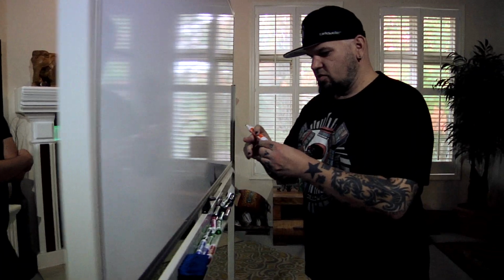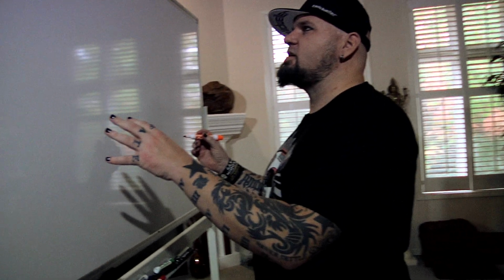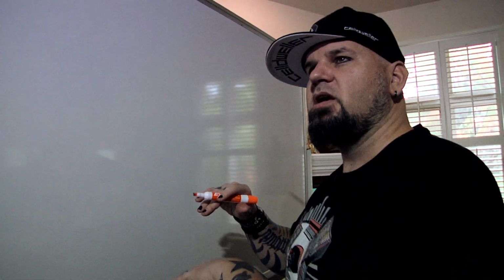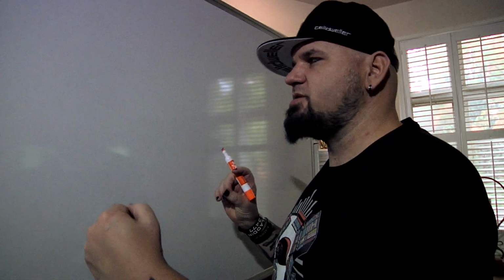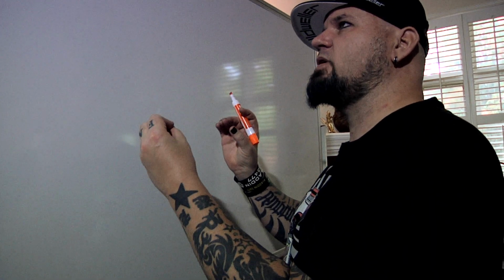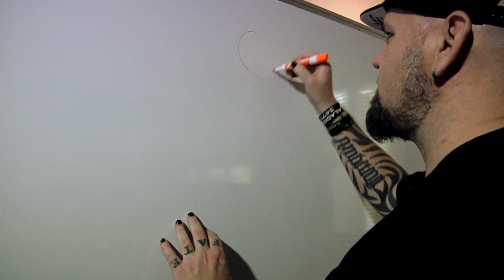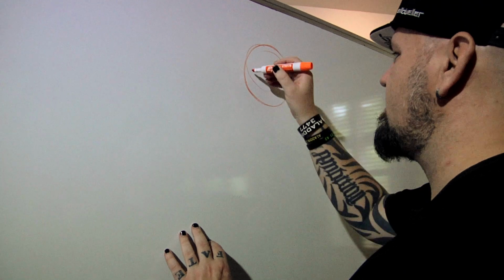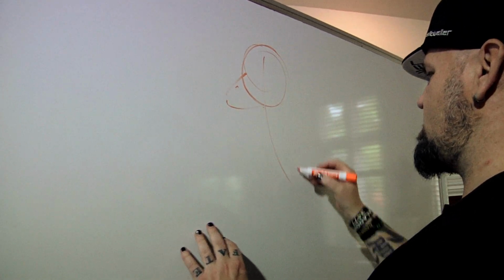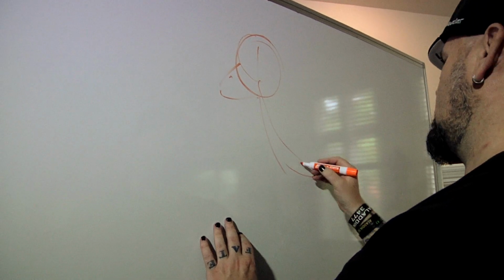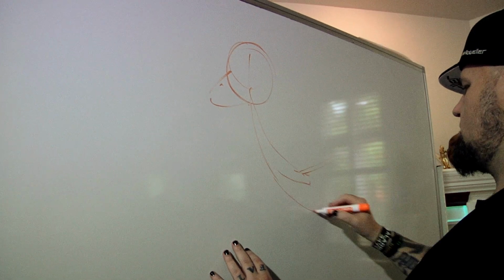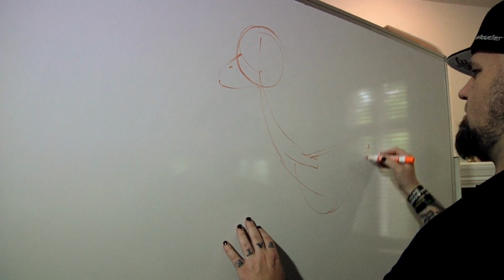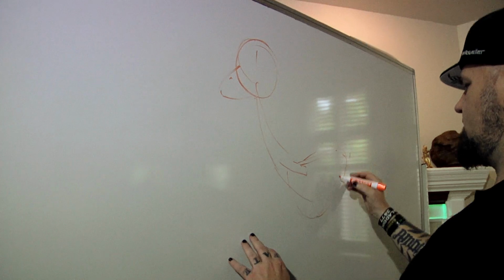Absolutely. I'm going to start with my creature. I've got an idea in my head. Maybe something that is traveling through the desert, so it's going to have some hair to it. I'm imagining the head is kind of like this. Maybe it's got some kind of snout. And then maybe it's got a body like this.